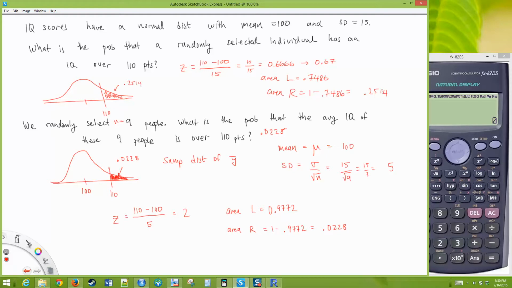And that makes sense, right? It's much more likely to get one person with above average intelligence. But if you're selecting 9 people at random, and again the idea is we're selecting them at random, it's much less likely that the average of the 9 people is going to be much different than average overall.